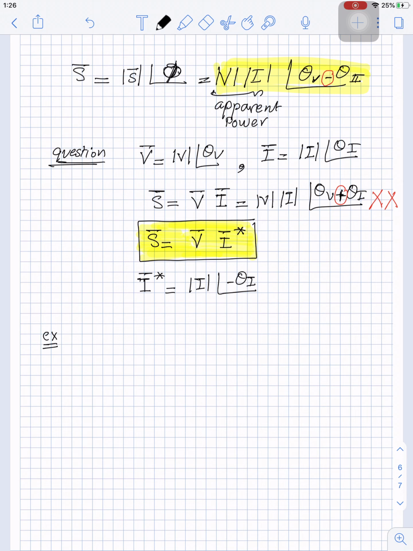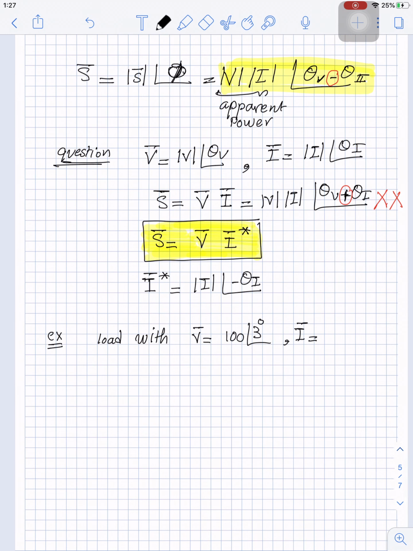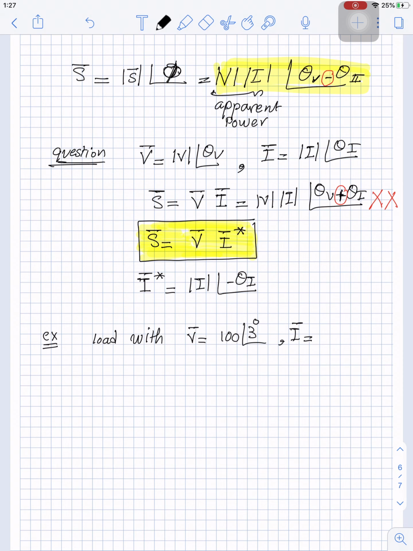Let's take an example. We have a load with V equal to 100 angle 3 degree, and I equal to 5 angle negative 17 degree, in volts and amperes. Now can you calculate P?